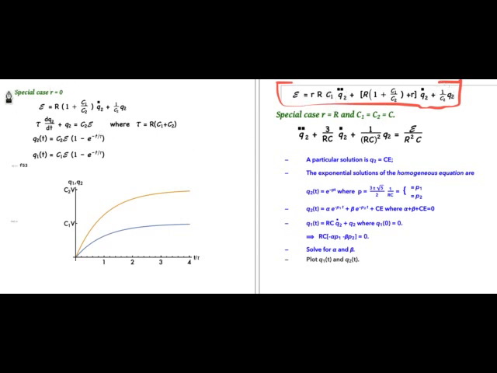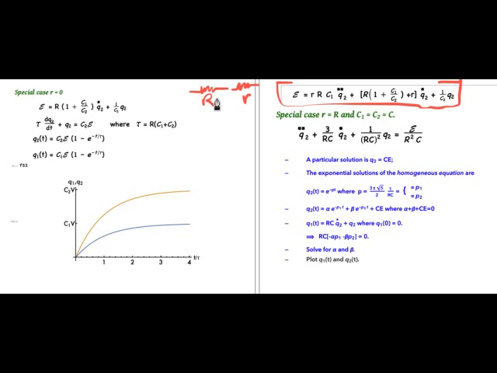Remember, we had this resistor R, which was connected to the battery. And we also had another resistance, little r, which separated the two capacitors.